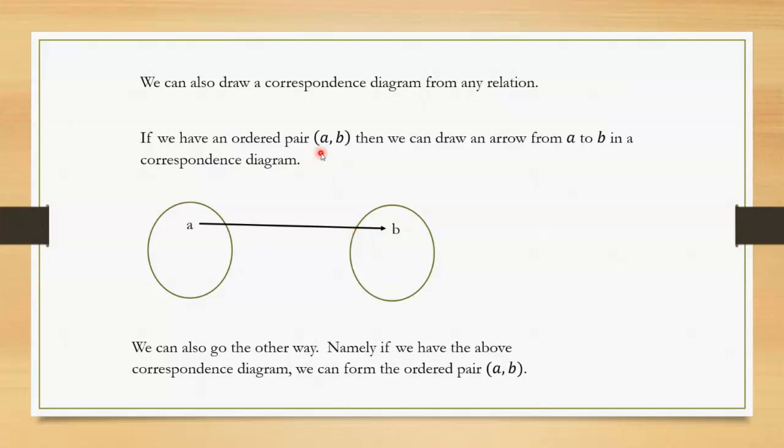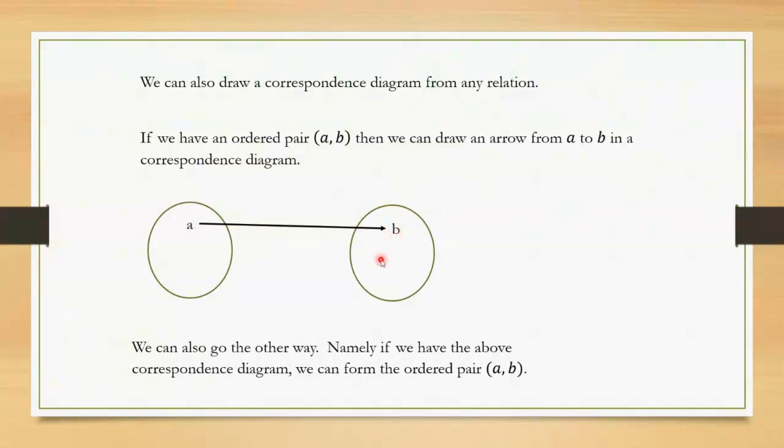The idea is that you would do this for each ordered pair in the relation. In the correspondence diagram, you would have an arrow from the x coordinate to the y coordinate.